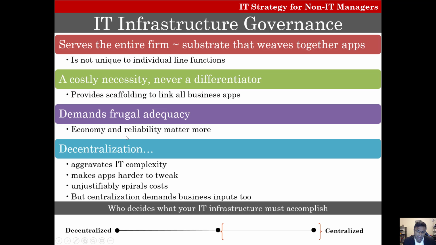Decentralization aggravates the complexity, makes apps harder to tweak, and spirals costs. But even though we are in the centralization band, it does require some amount of business input also.